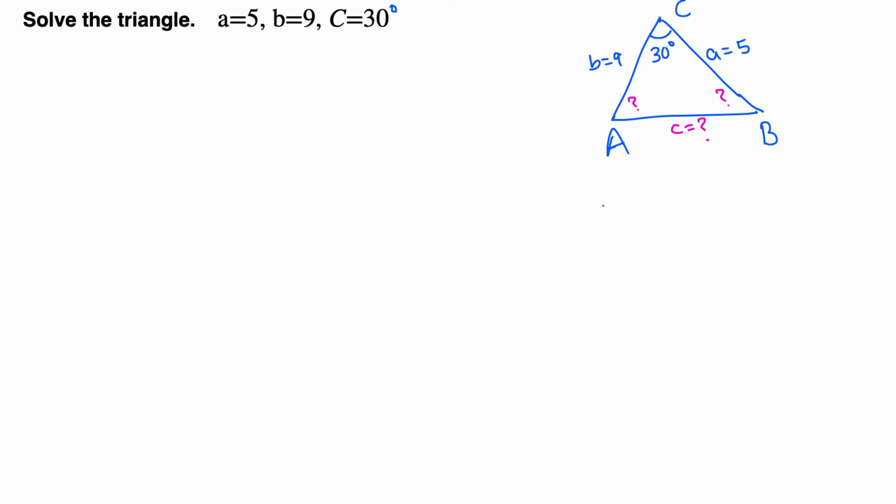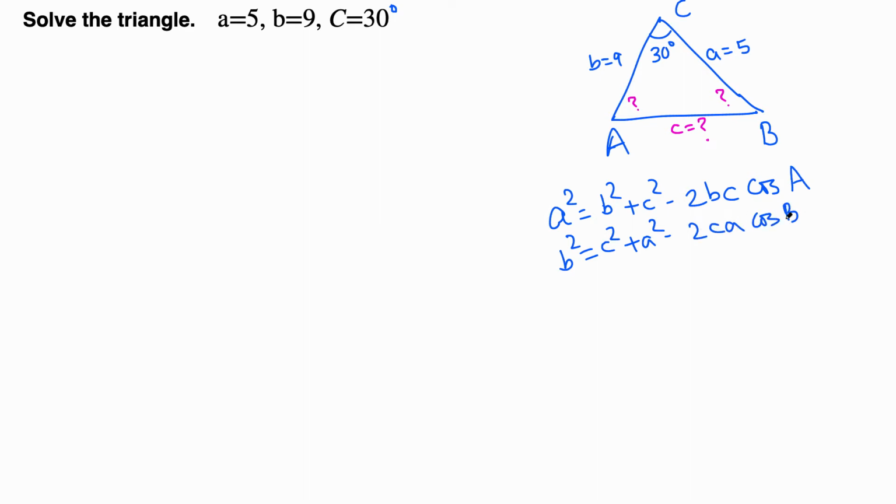Then we can use the law of cosines, which is a square equals b square plus c square minus 2bc cosine of the angle between them, like b and c, that will be angle A. Similarly, b square equals c square plus a square minus 2ca cosine B, and c square equals a square plus b square minus 2ab cosine C. Angle C is given, so we must use the third.